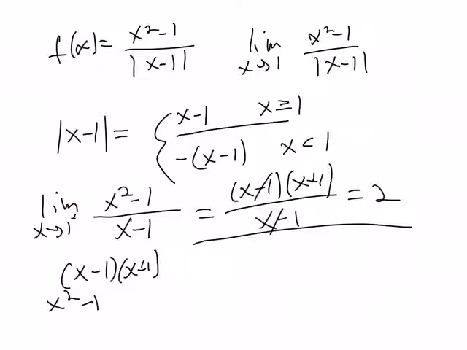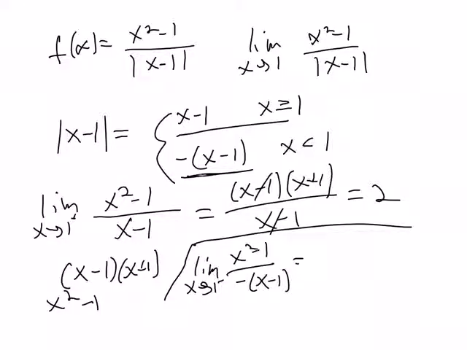As I'm approaching from the left, it's the same thing. We're going to take the limit as x approaches 1 from the left of x squared minus 1 over, now we're using this, so we get negative x minus 1.